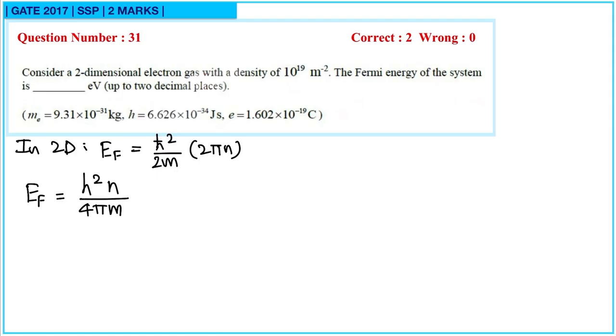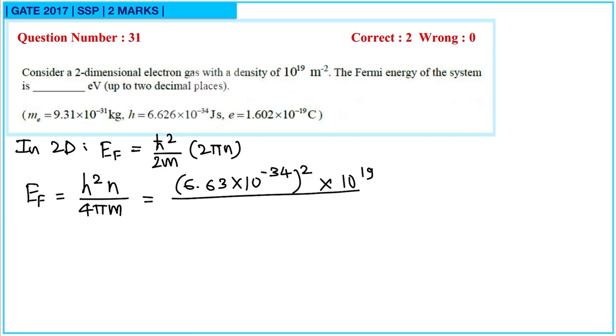That will be EF. So h is 6.63 into 10 to the power minus 34 the whole square into n is 10 raised to 19 upon 4 into 3.142 into m. That will be mass of electron, so that will be 9.1 into 10 to the power minus 31.